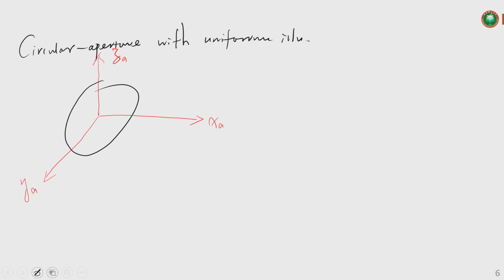And we also choose the polar coordinate system, which represents the spherical coordinate system.